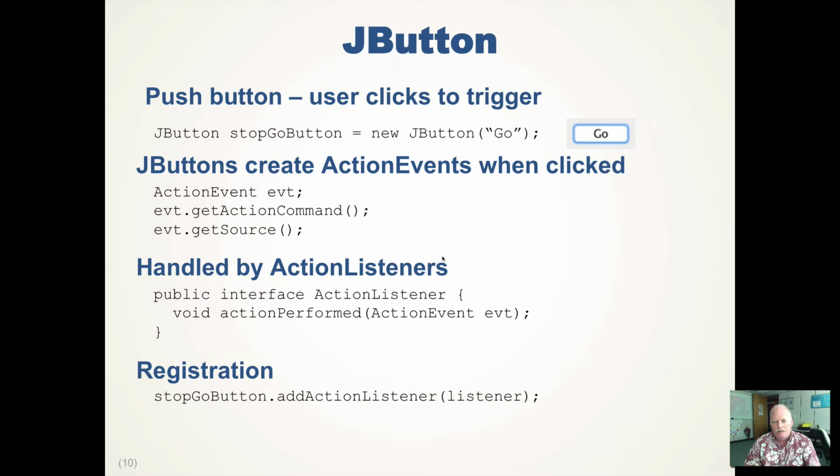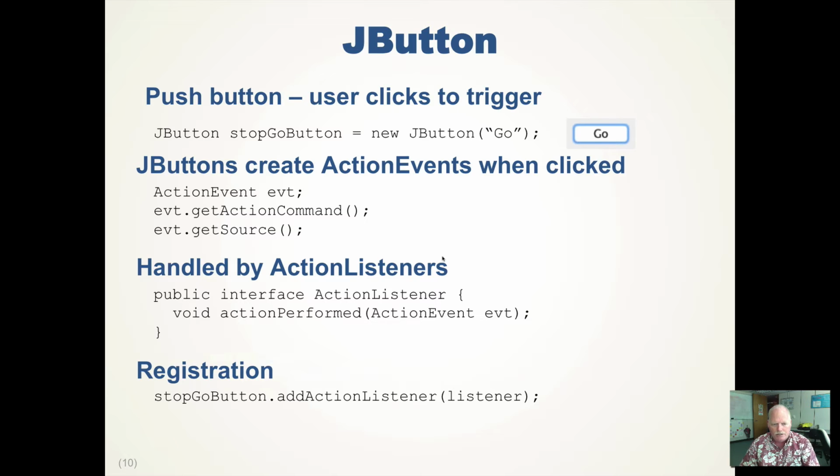When the user clicks, or programmatically when the button is clicked, buttons create action events. So remember about the event mechanism. Action events have a couple of other methods, but these are the two most useful.